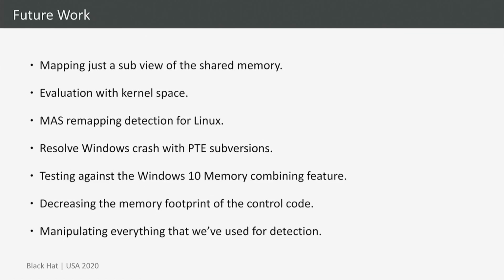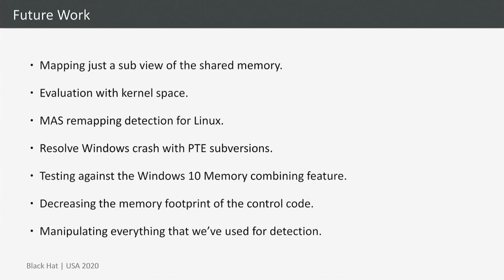Okay, some words to future work. One thing that we want to have a closer look at is different ways for mapping shared memory, especially using subviews. And by that, maybe circumventing our detection approaches. Also, we want to resolve the Windows crash, obviously. And we are also wanting to have a closer look at the new Windows 10 memory combining feature. So this might be something that interferes with our detection and subversion techniques.